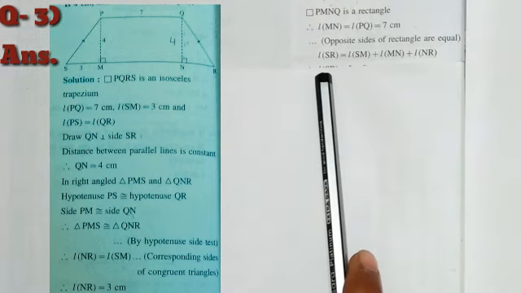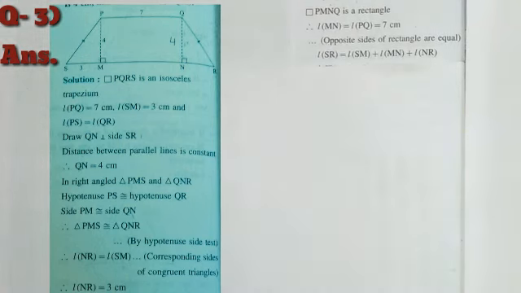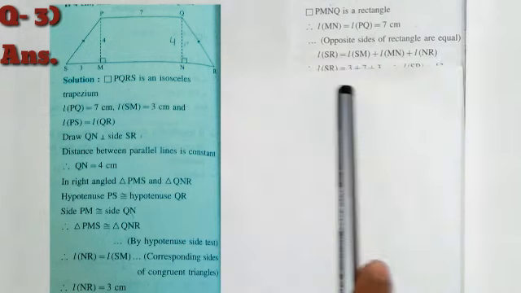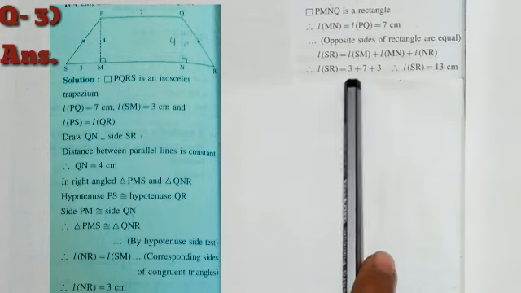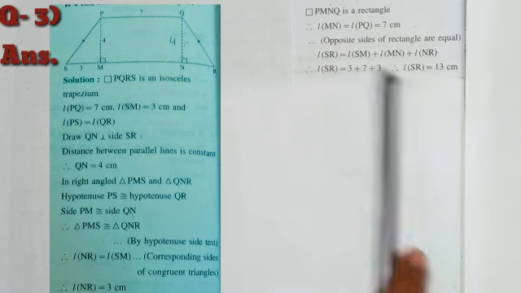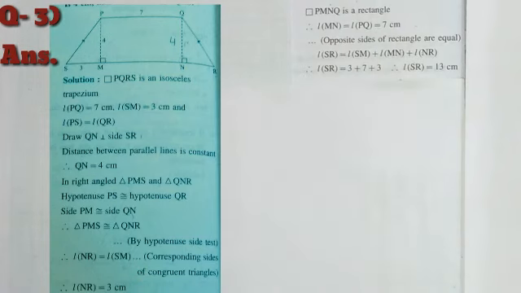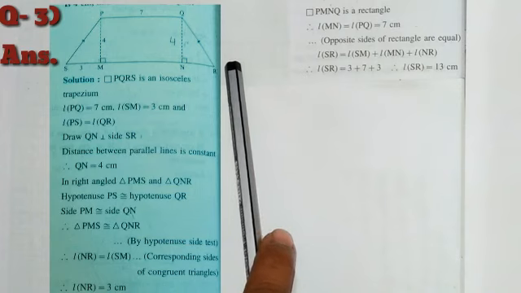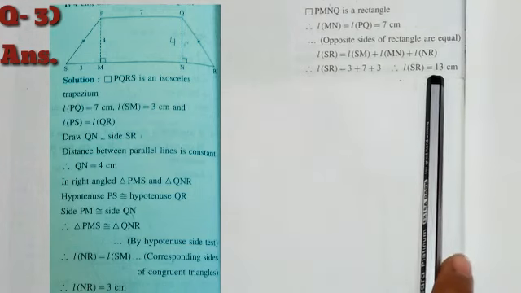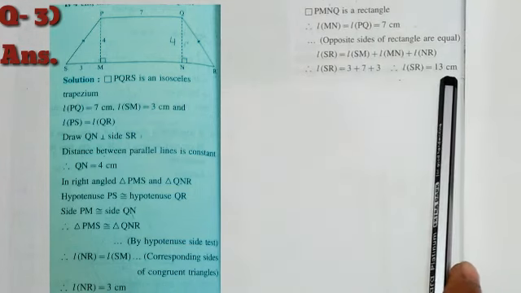So we can calculate the length of SR by adding these three sections. Therefore, length of SR is equal to 3 plus 7 plus 3. The first part is 3 centimeter, the middle one is 7 centimeter and the last one is 3 centimeter. Therefore, length of SR is equal to 13 centimeter.